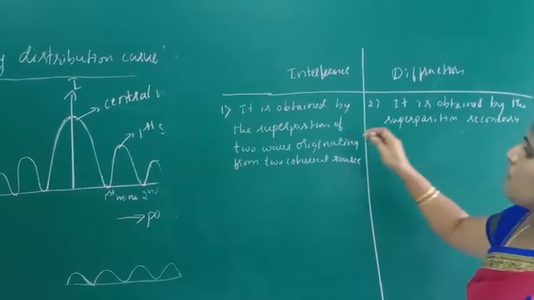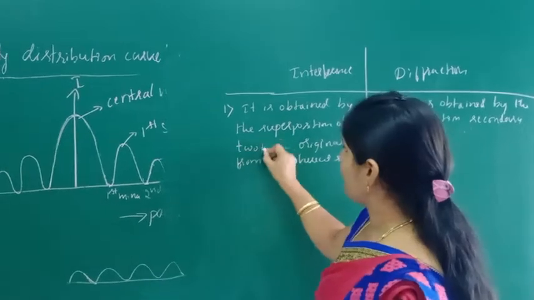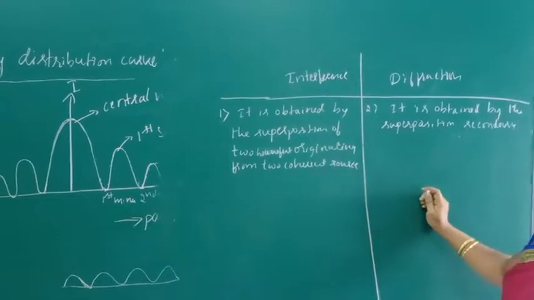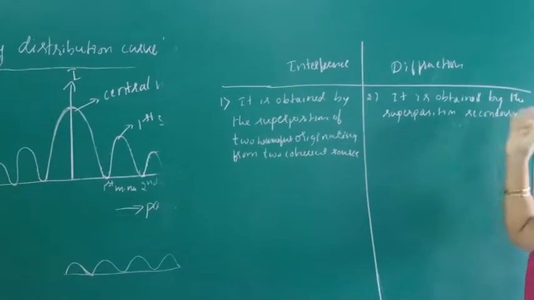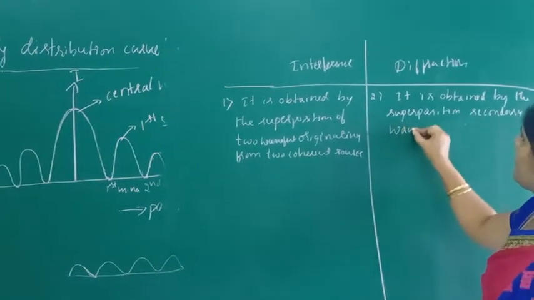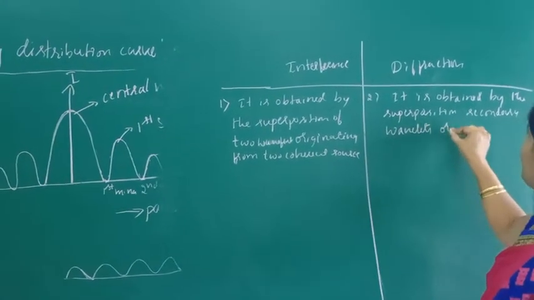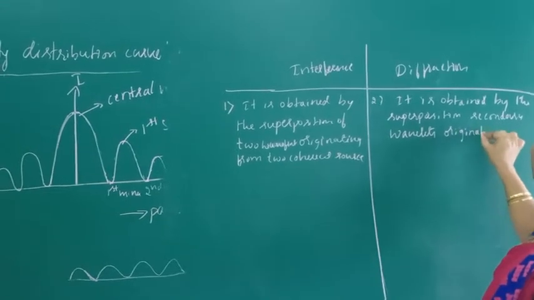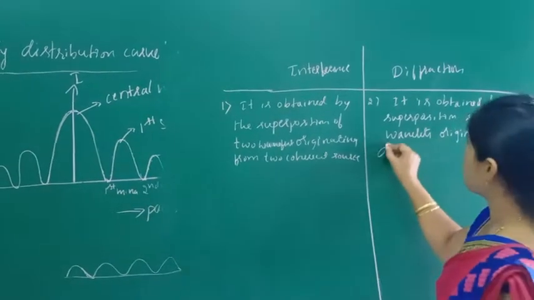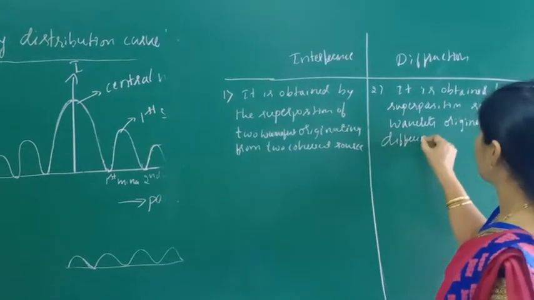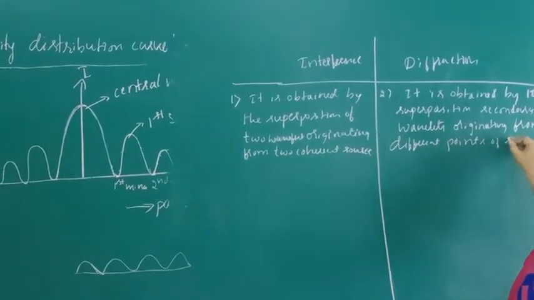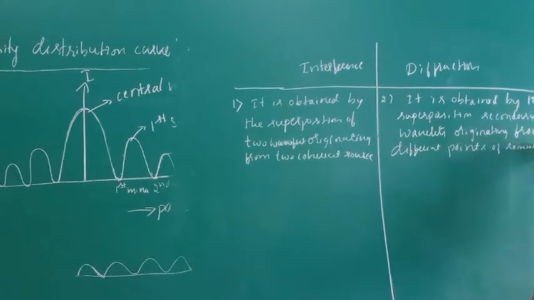Interference is obtained by the superposition of two wavefronts coming from two different sources, but diffraction is obtained by the superposition of secondary wavelets originating from different points of the same wavefront.